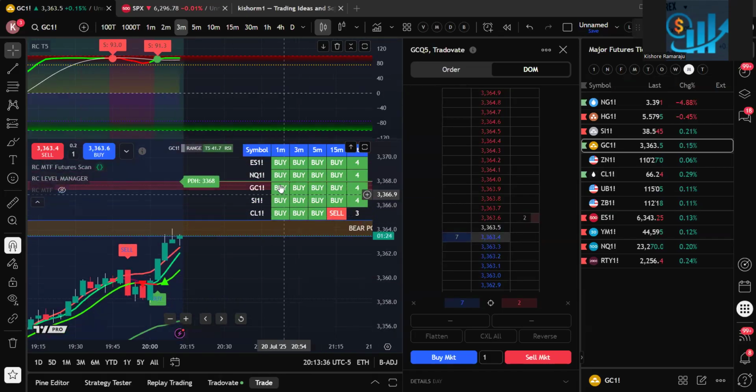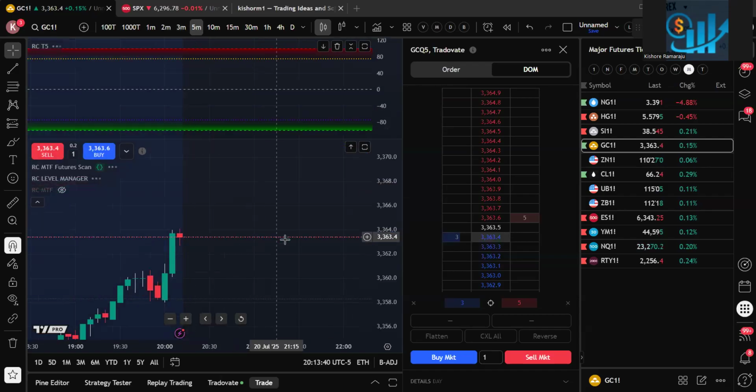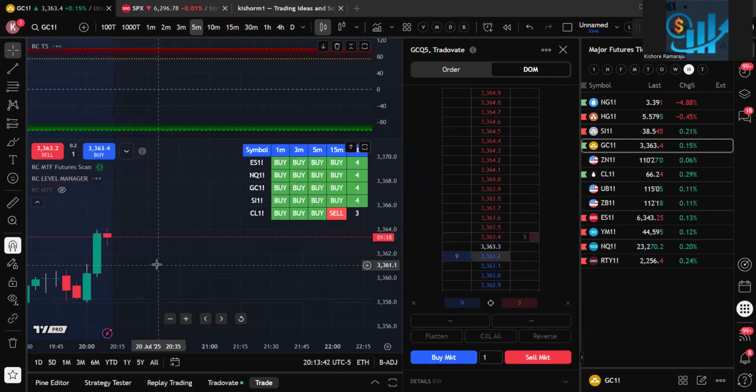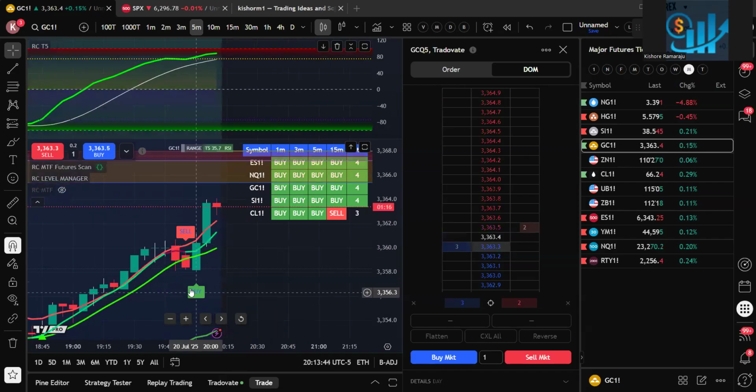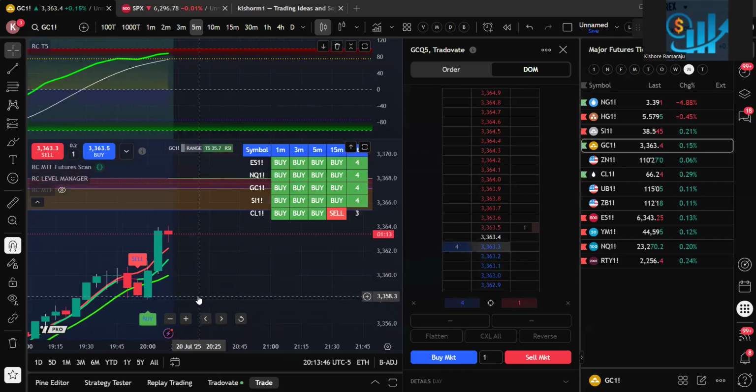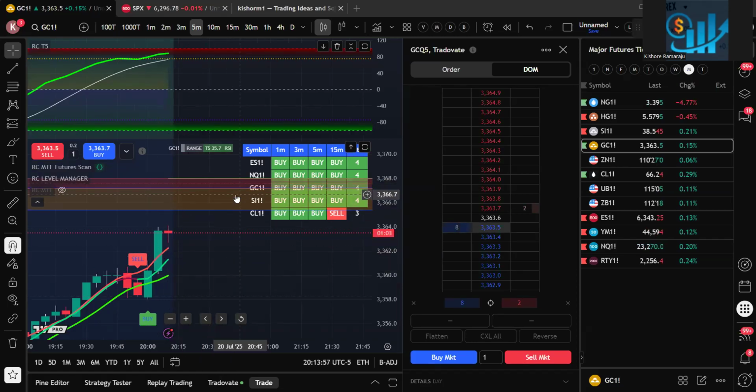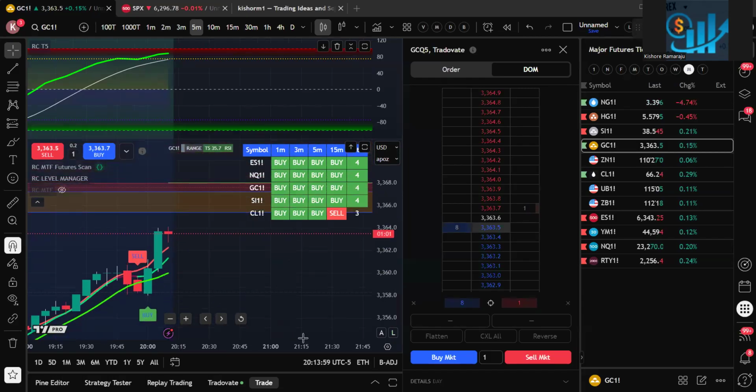So now GC is very bullish. One option is whenever you see a buy, you can take it, or you wait for a pullback. Right? You had a small pullback, then you got a buy. Again, if we get a pullback, we can go long. Again, there will be a pullback, we can go long. Like that also, we can do it.